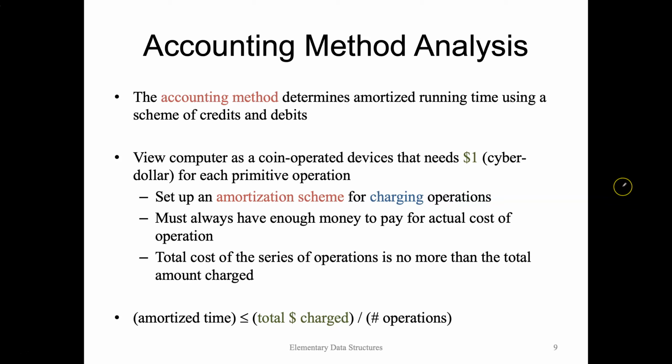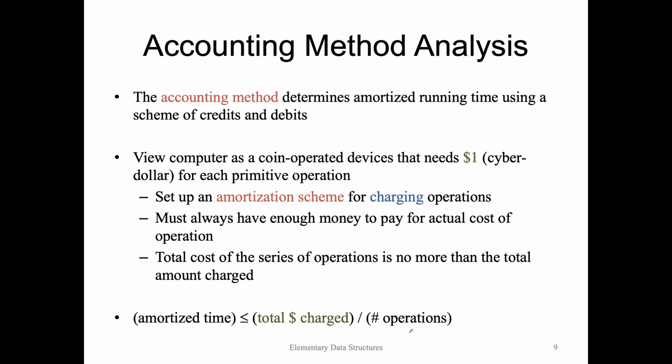So if we can satisfy that the computer always has enough money in its bank in order to pay the cost of each primitive operation, then the total cost of these series of operations is no more than the total amount of what we gave the computer. So you can think of this as the computer has to pay not in time, but in money. So our amortized cost then is no more than the total amount that we ended up paying the computer, divided by however many times we paid it.